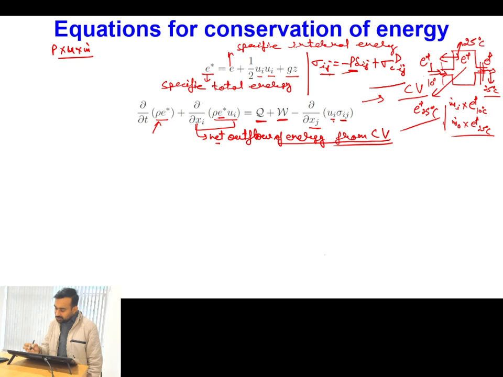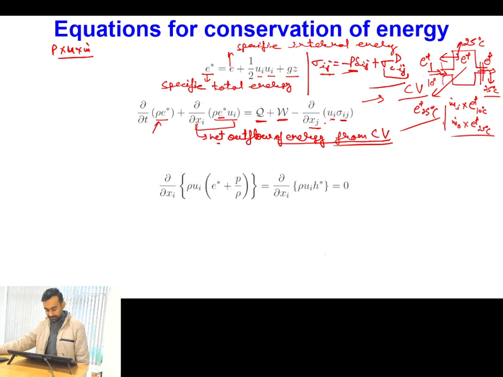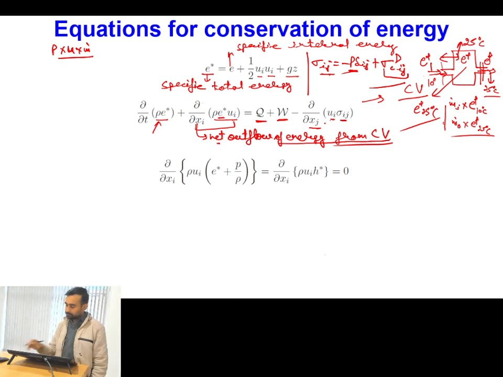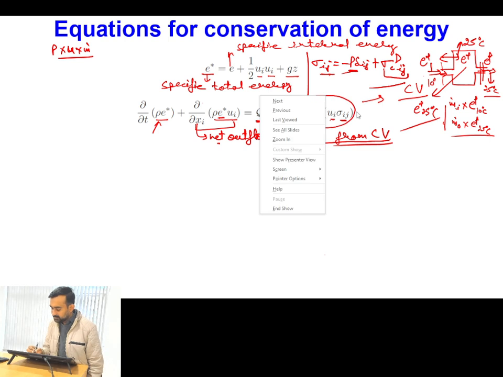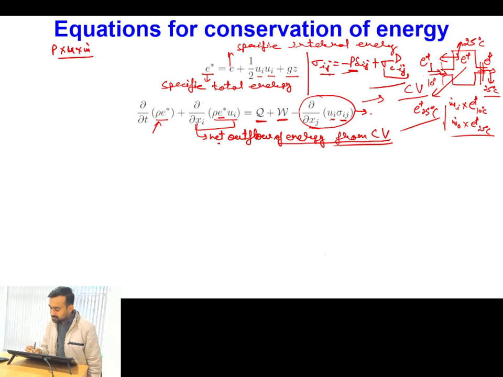So the second term, the deviatoric part, whenever it is multiplied with velocity, gives me the viscous dissipation. All are clear with this point? So here you can see that this particular term accounts for both things, flow work plus viscous dissipation.